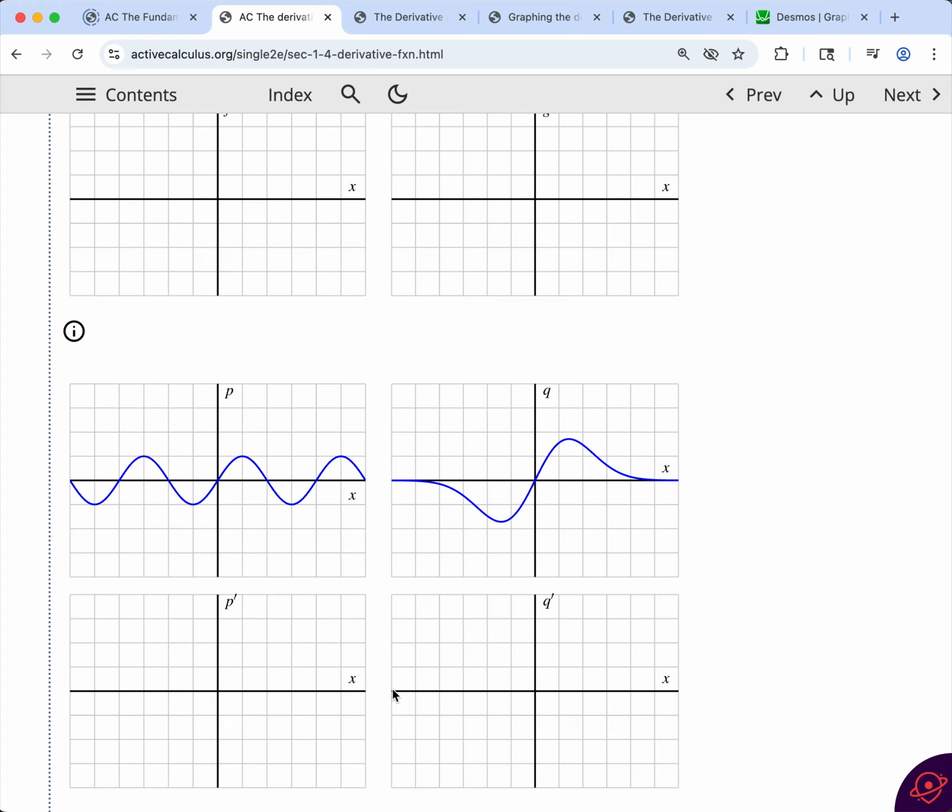So it starts at 0, goes more negative, and then goes back to 0. Then it goes positive 3 or 4, and then back to 0. Then it goes negative some, and then it heads back to 0.